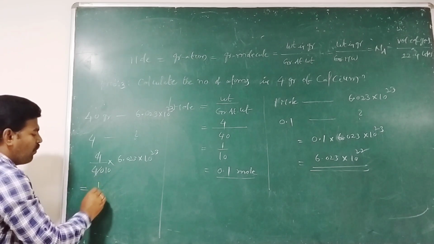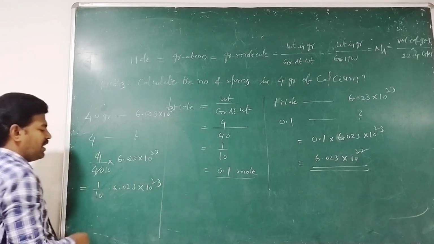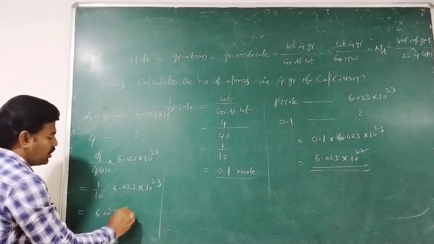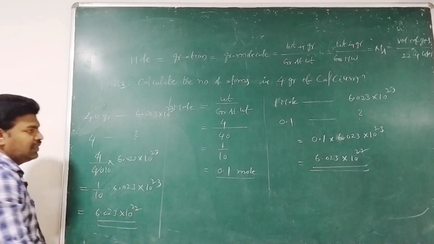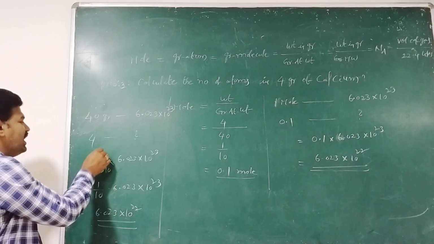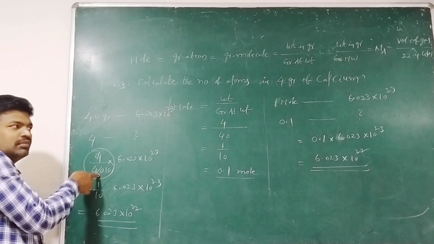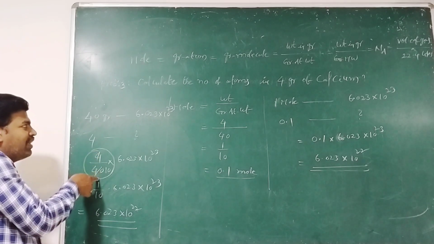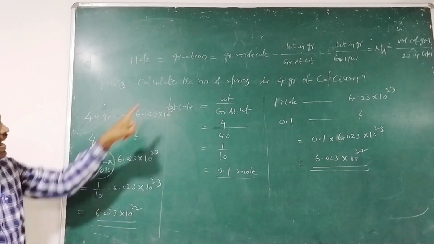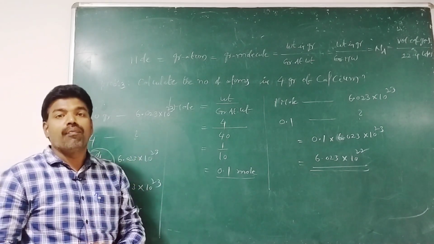1 by 10 into 6.023 into 10 to the power of 23, which is equal to 6.023 into 10 to the power of 22. Here what you should observe is that we can calculate the number of moles from weight by gram atomic weight, or we can calculate the number of atoms from weight or from number of moles.